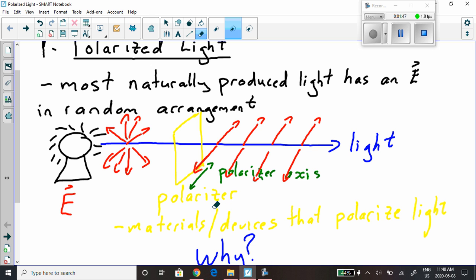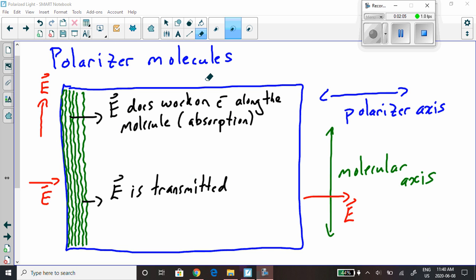Now, these polarizers are devices that polarize light, only allowing light with a certain electric field orientation to get through. Why does this happen? Well, let's find out. Let's say we have a slab of a material, maybe a piece of plastic that's a polarizer. If you were to take a look at the polarizer, it's made of very long molecules like this.